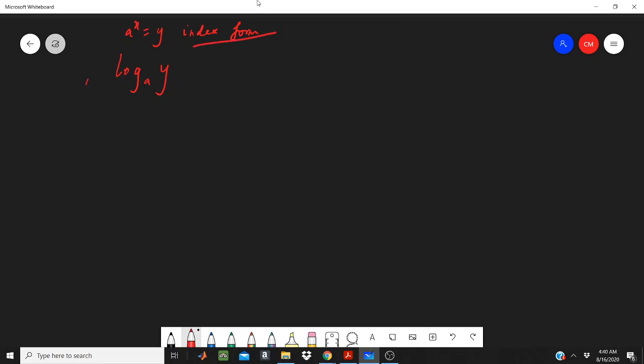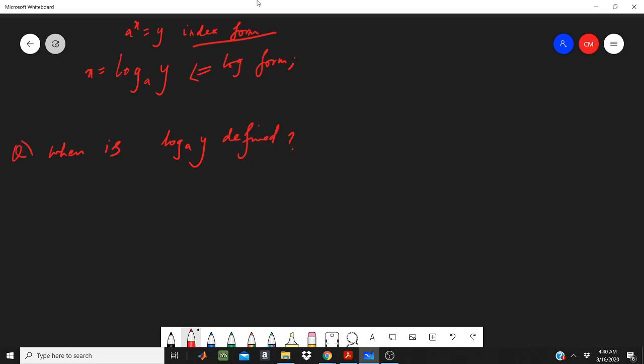You can write this into log form as x equals log_a y, and this is the log form. So when is this log_a y defined?